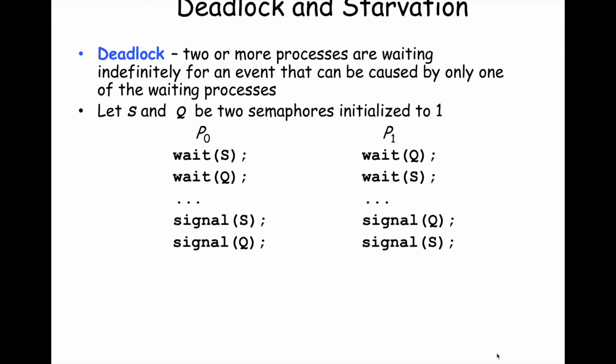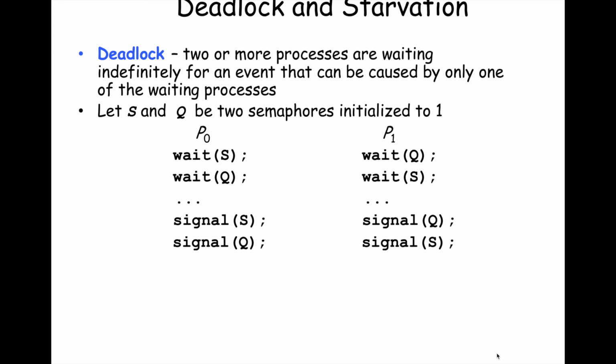So in this case, we have two processes, P0 and P1, P0 on the left and P1 on the right. And let's say we have two semaphore variables, and let's say these are implemented using blocking, right? So they're going to each have a wait queue associated with them.